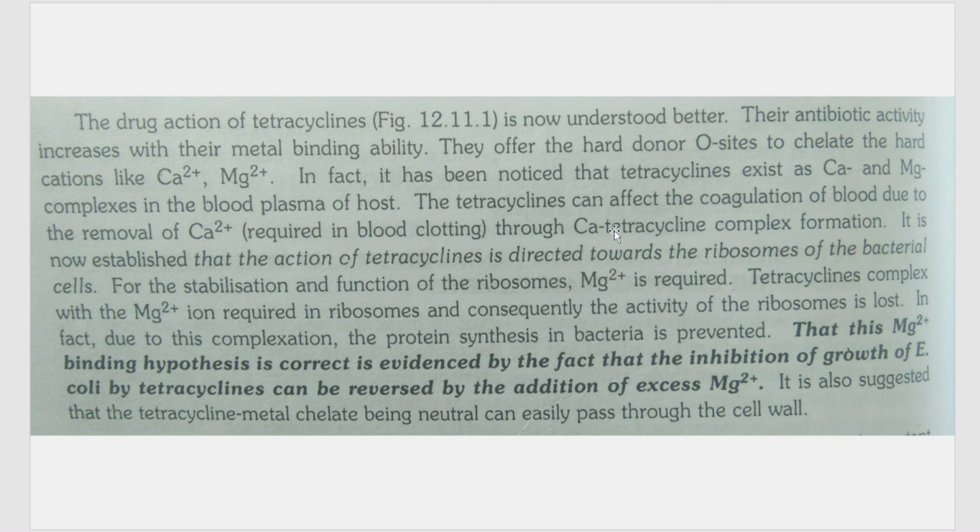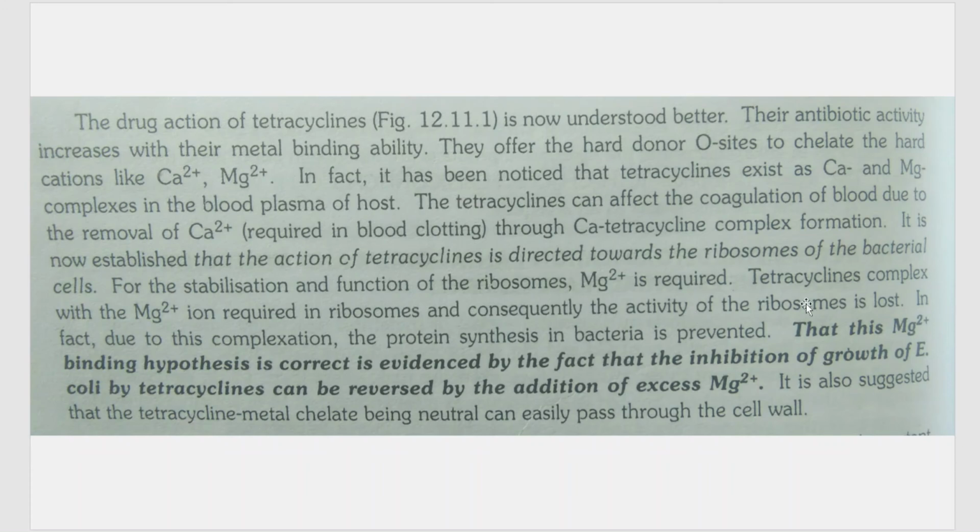And now you know that tetracycline has high affinity towards Mg2+. So when it comes into the blood, it removes this Mg2+ from the bacteria's body and forms a complex with this Mg2+. Because that Mg2+ is removed from the bacteria, the ribosomes of the bacteria cannot stabilize and cannot function. Therefore, eventually the bacteria will die.